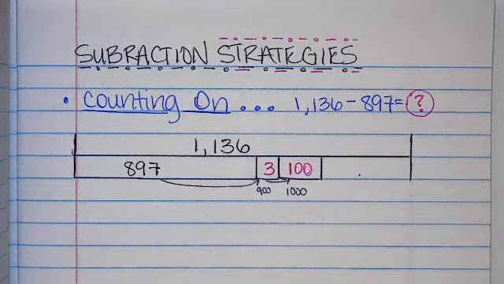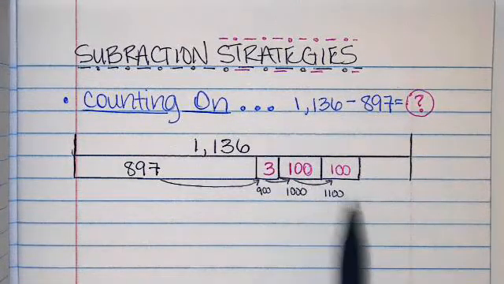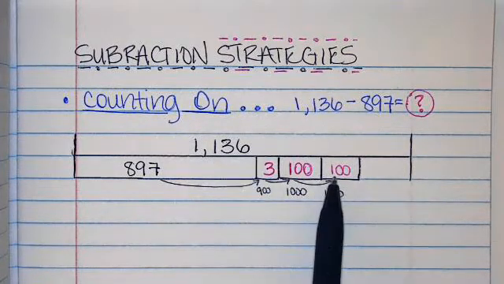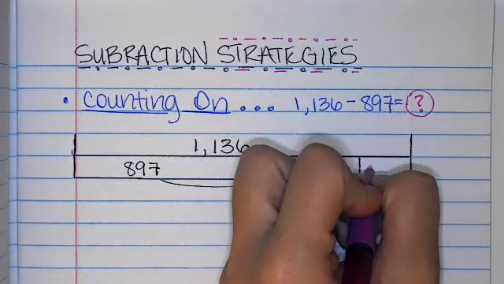Now I can do another 100, which would get us to 1,100. I'm still not to my whole amount yet, which is 1,136. So now I'm at 1,100. I'm in the 100 spot, so I'm going to add 30 more just to get me a little bit closer.